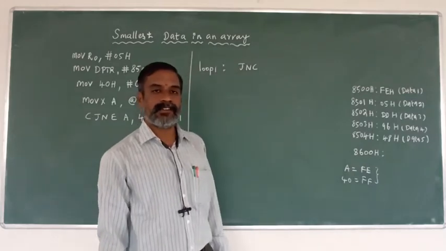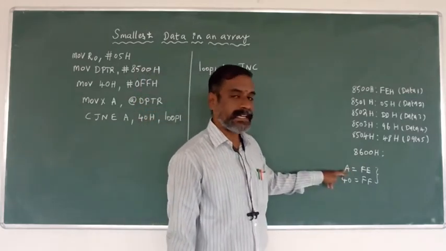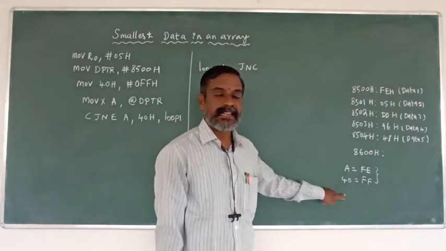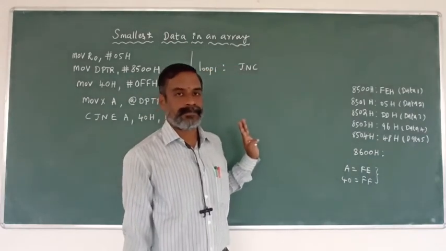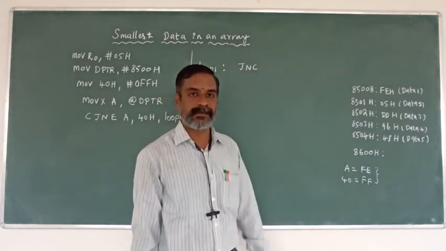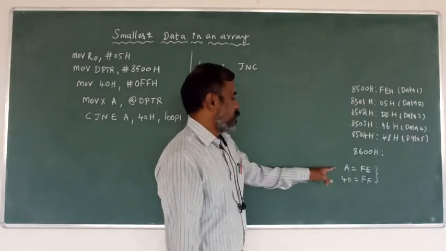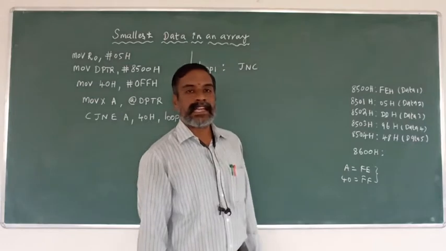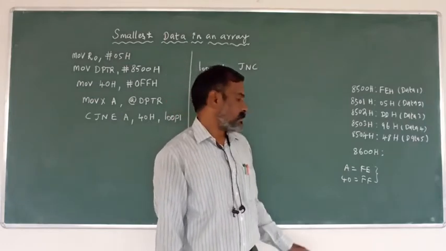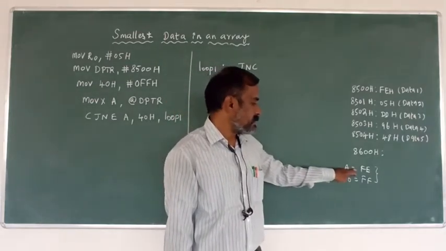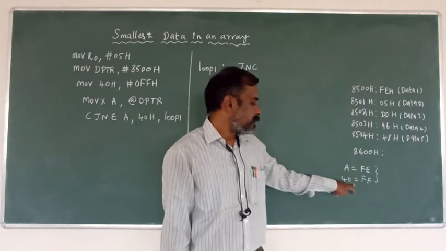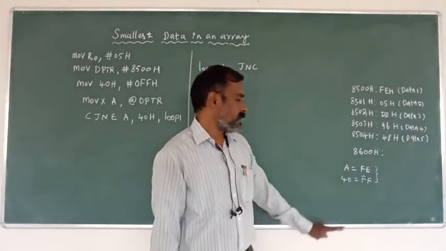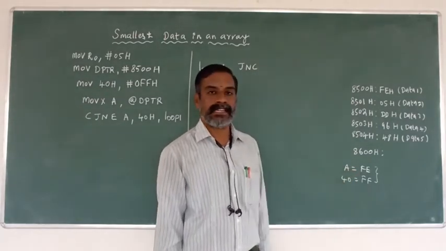When the carry flag is set, the accumulator content is lesser than the second data. At that time the carry flag will be set. Now to compare these two data, whether the carry flag is set or reset. Here the accumulator content is less than the second data, so the carry flag will be set.